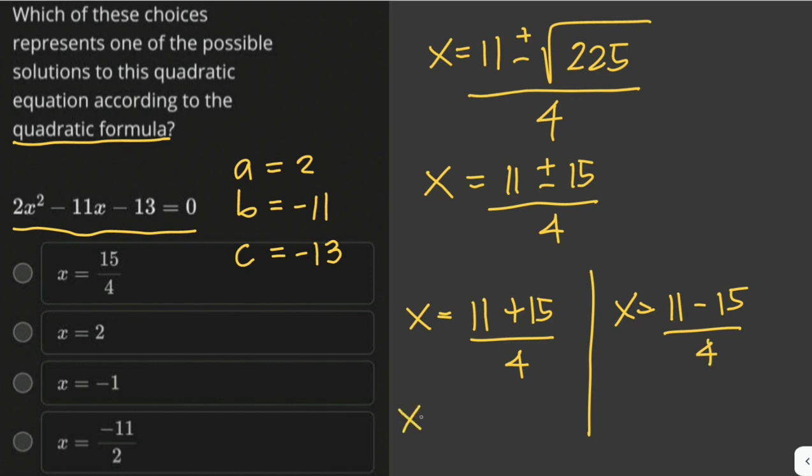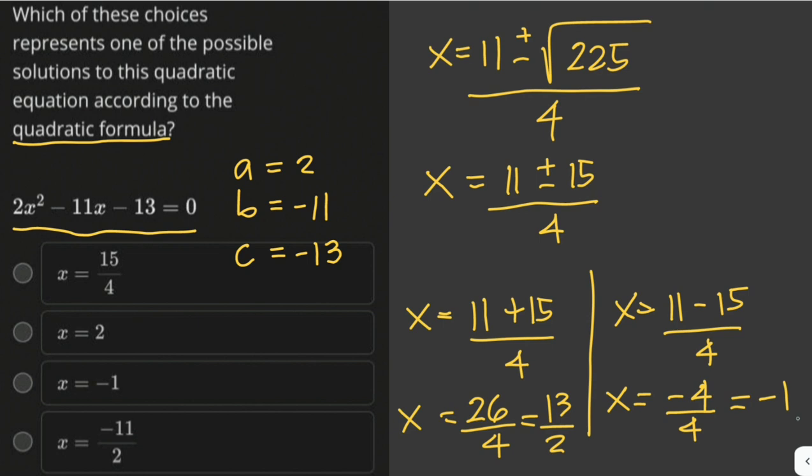So this is just 26 over 4, and this one is negative 4 over 4, which is just equal to negative 1, and 26 over 4 is equal to 13 over 2.